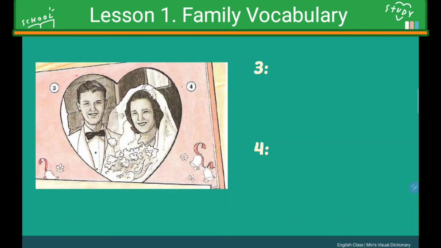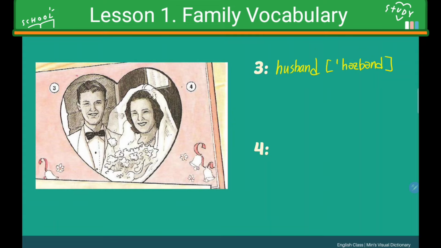Next, we have a picture of a marriage. And number 3, we have a male human in a marriage, and we call that husband. And the correct pronunciation for this word is hus, hus.